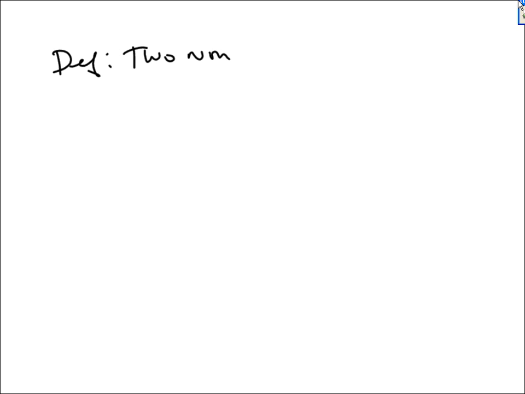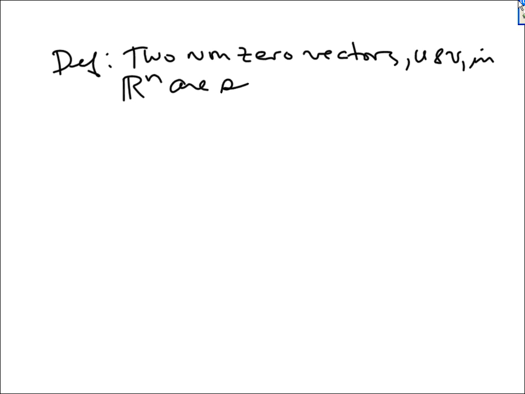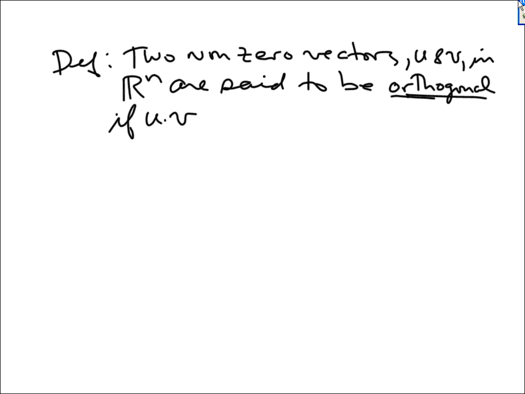Two non-zero vectors, u and v in Rn, are said to be orthogonal if the dot product of the two vectors is 0.